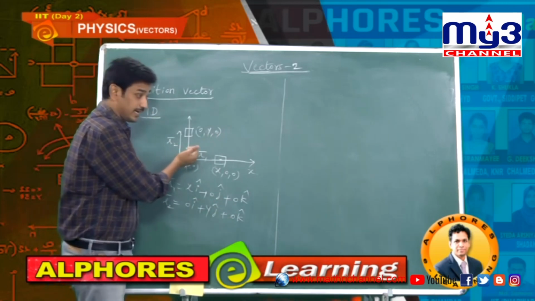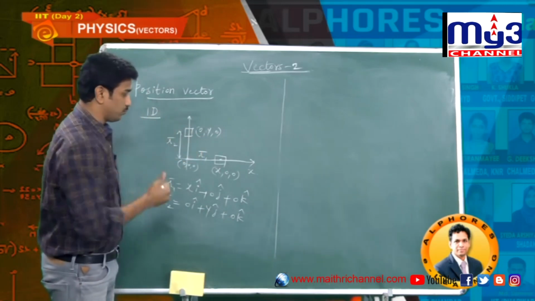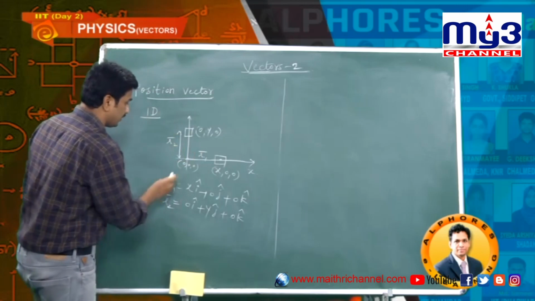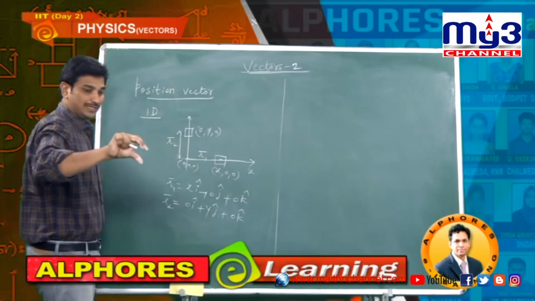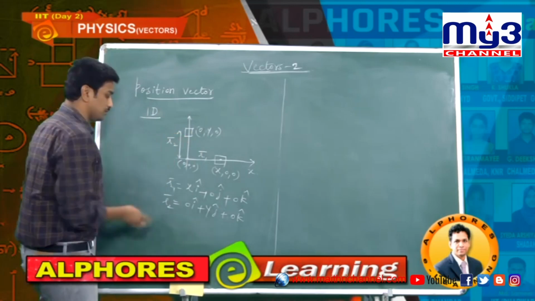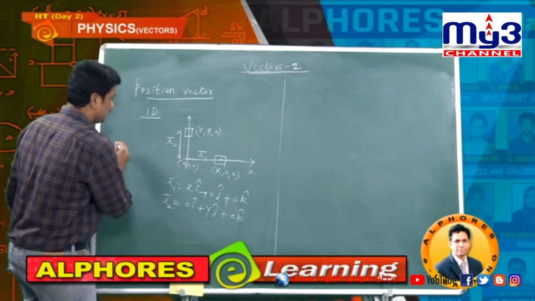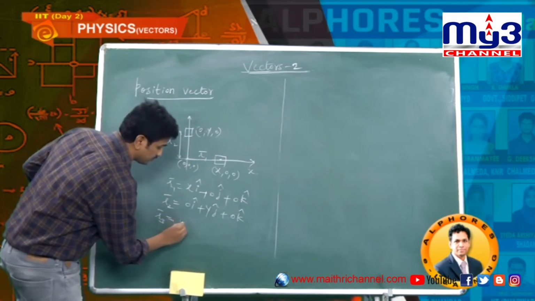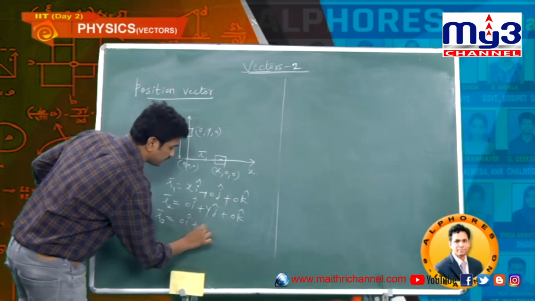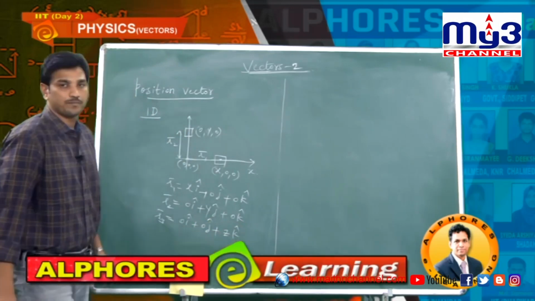Suppose the body is moving along the z axis. What is the meaning of the z axis? It is the direction out of the board. This is k cap. Let you feel that here is a body moving in this direction, the z axis. Suppose along the z axis it is at z. That position vector I can call r3 bar: 0 i cap, 0 j cap, z k cap.